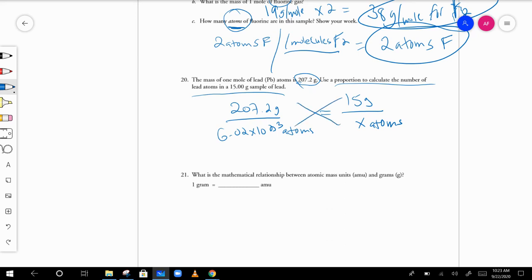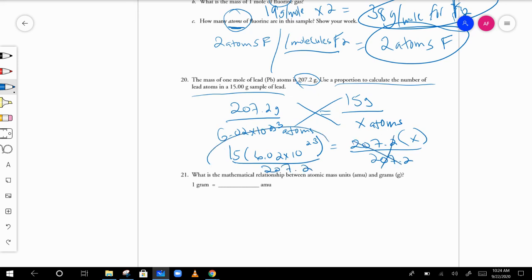So cross multiply: 15 times 6.02 times 10 to the 23rd equals 207.2 times X, and divide by 207.2. Whatever you get there, I'm not even going to do the calculation.